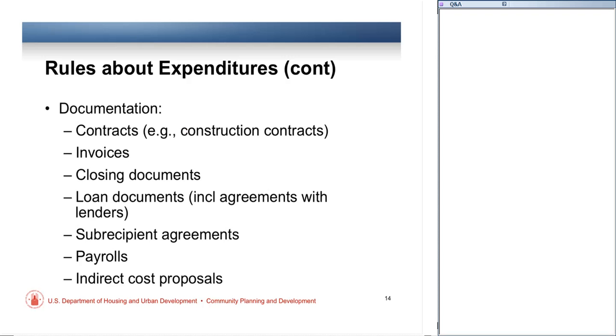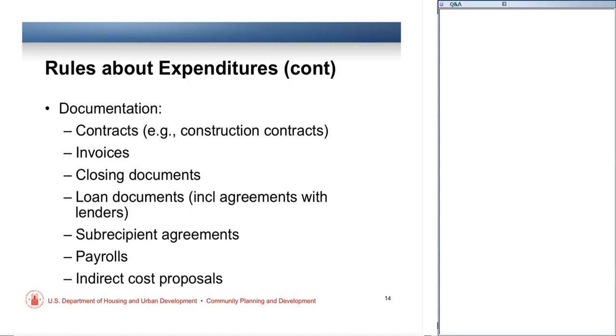The main thing I think that you need to worry about is documenting what those expenditures are, particularly when you're including in the expenditure total amounts that have not actually been paid.